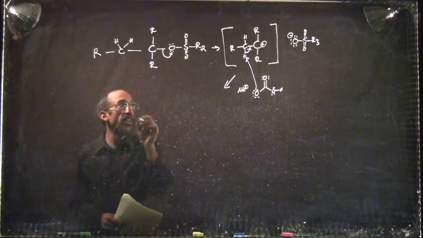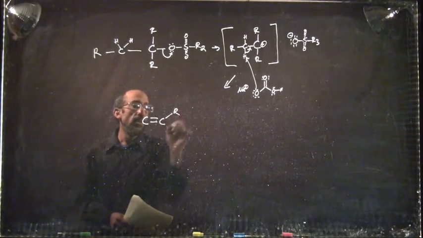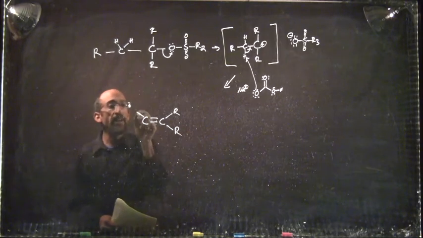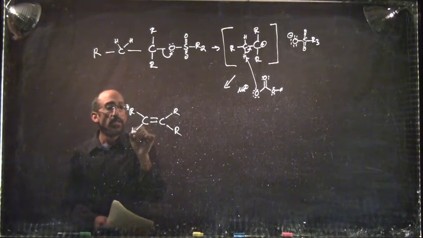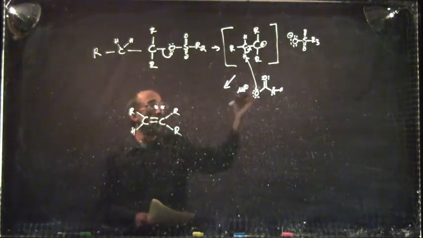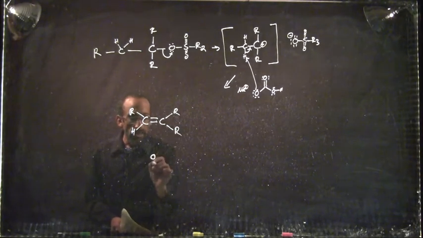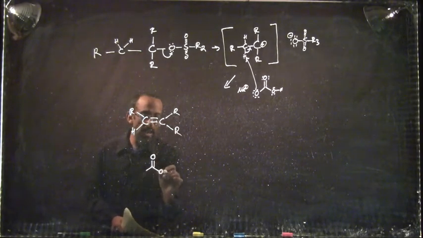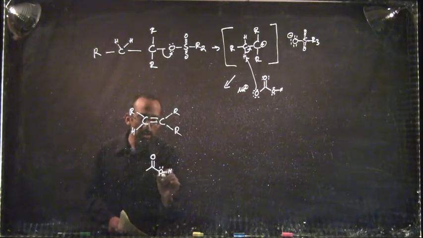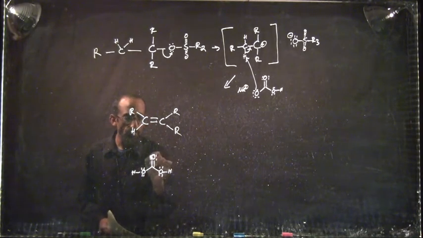And here now is our product, once again. I have picked it to make a tri-substituted alkene, nice and stable. If we look at all the products we make, bicarbonate deprotonated our carbocation, which forms carbonic acid.